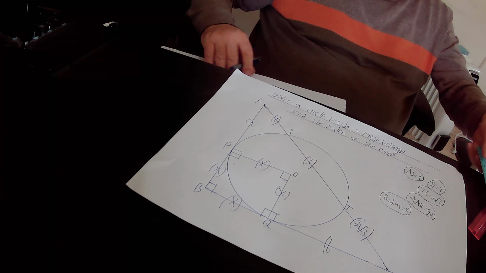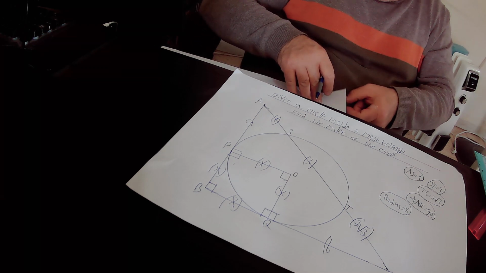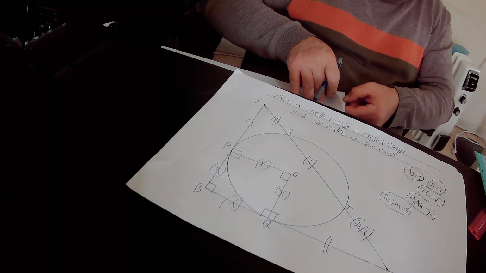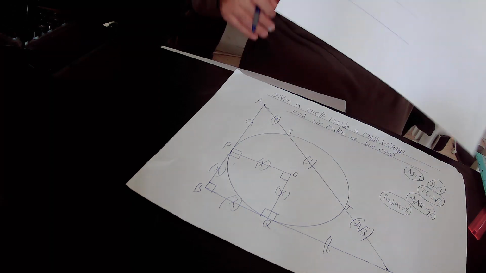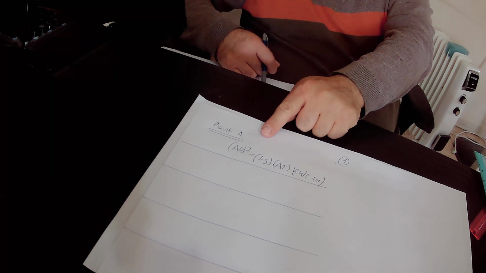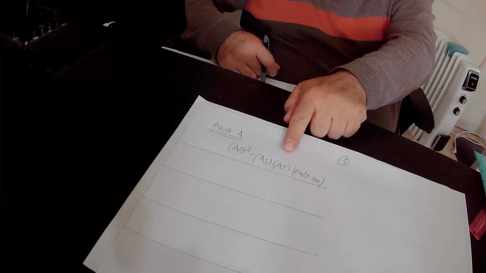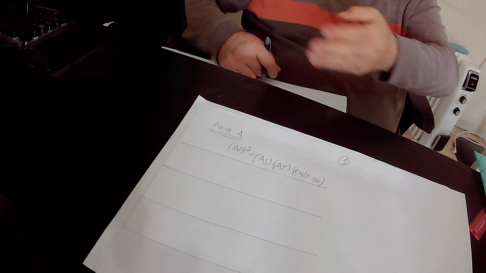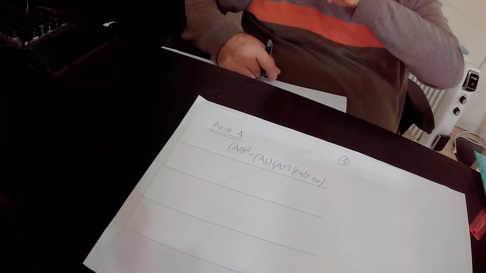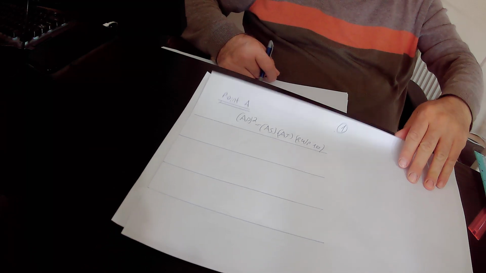According to rule 10, if we focus on the common extreme point A, the following equation will be true: AP squared equals AS times AT. So this equation is the implementation of rule 10 in our drawing on point A.